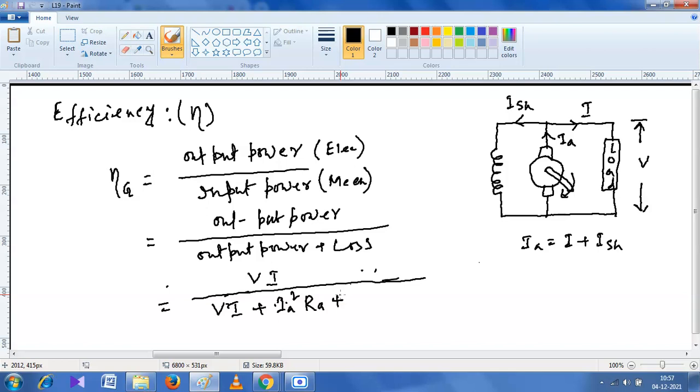It depends on voltage, how much voltage is generated, or how much current will flow through the brushes. So current. It depends on how much current is flowing through the brushes. Good.